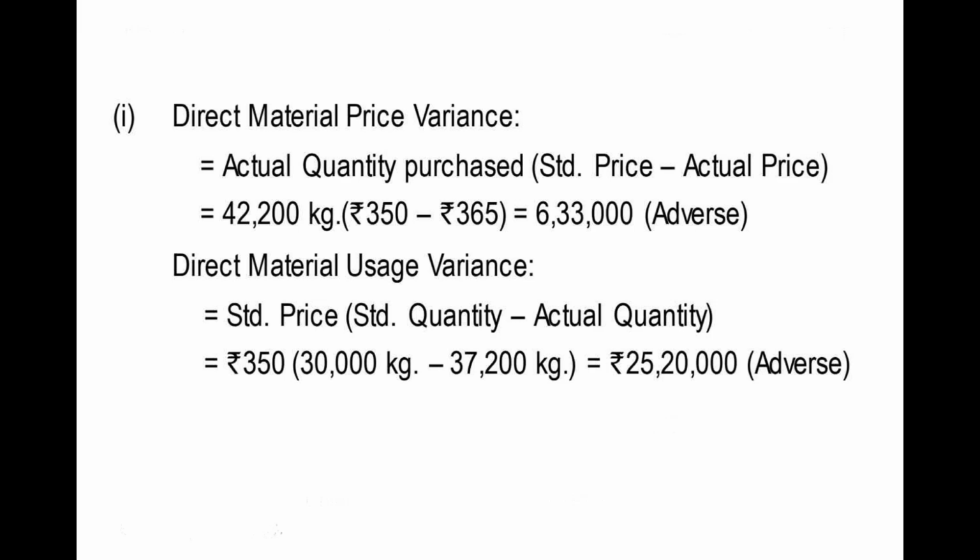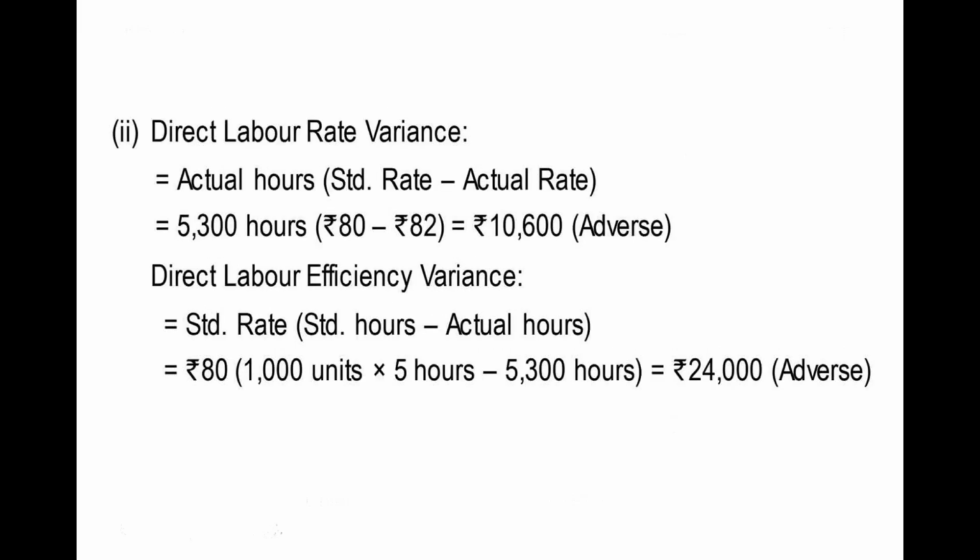Always we have to measure the difference between the standard quantity and actual quantity at the standard price, is the concept. What is the next question? Direct labor rate variance. Write the heading: computation of direct labor rate variance. Here we have to compare two rates, standard rate and actual rate.